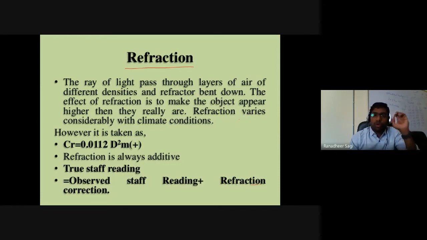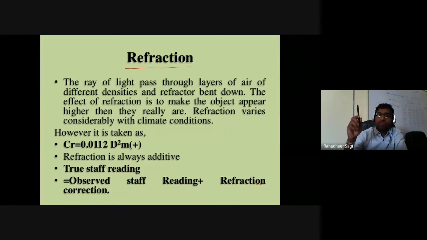How do I calculate the true value in such a case? True staff reading is equal to observed staff reading plus the refraction correction. Why do we say refraction correction is positive? When you sight any object, its position appears above its original position.